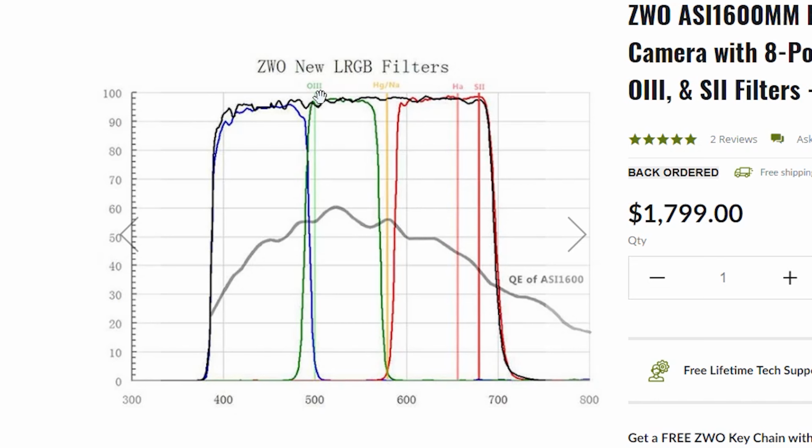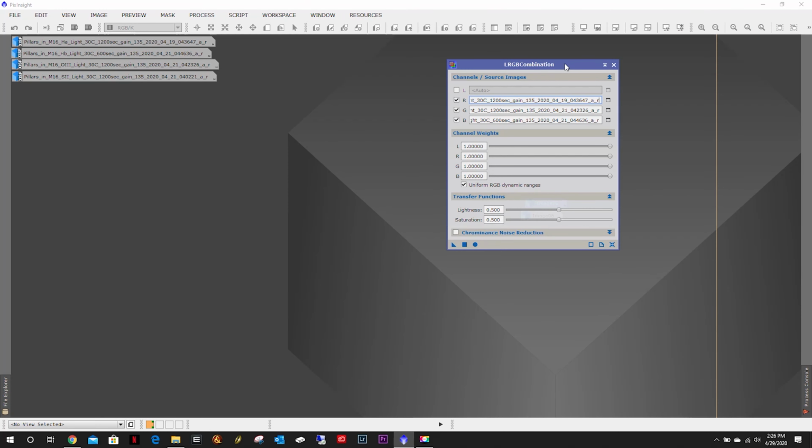O3 is in the green, and then down here, hydrogen beta is actually in the blue band. So let's get back to PixInsight. If we wanted a more natural image, H alpha is in our red, O3 is in our blue or green, and hydrogen beta is in our blue.